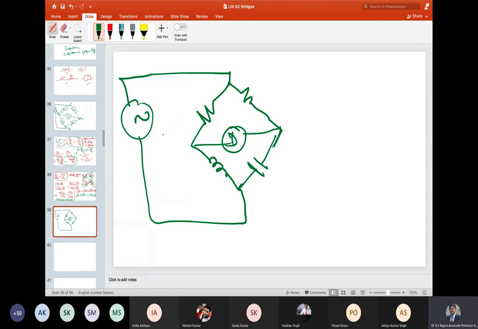Understand that this is already powered up and the detector has been connected and therefore it is fully functional, right? Otherwise, you can just skip it. So can you quickly analyze and let me know whether it will work or not? Can you create a balance condition? Just think about it and let me know.